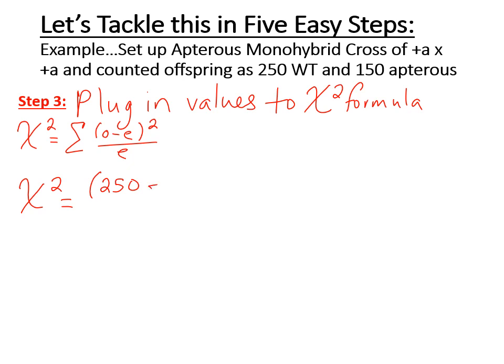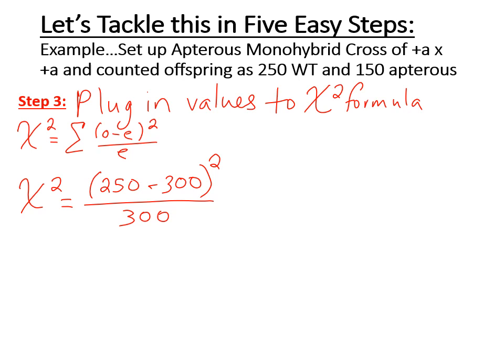Well, we expected 300 because we expected 3/4 of our 400 little baby flies to be wild type. So the observed 250 minus the 300 expected, and we square that, so there's not going to be any negative numbers, and you put that over the expected, which is 300 again.